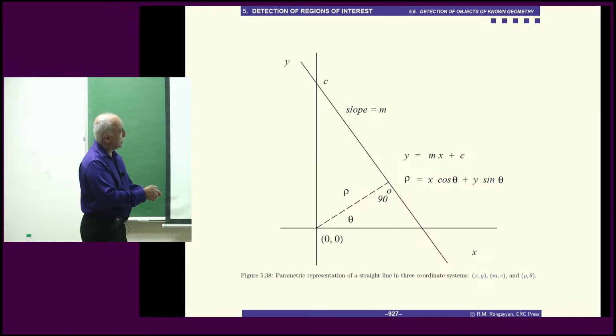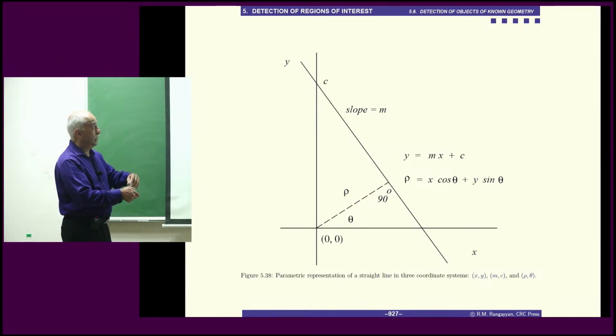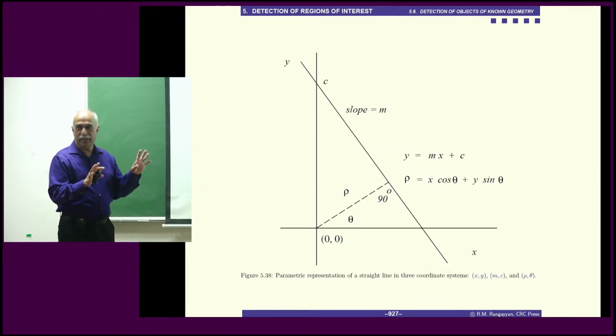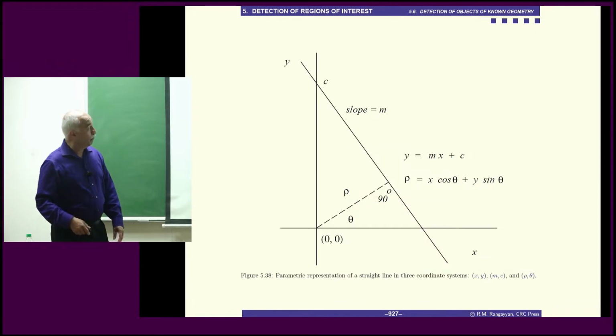Rho is the distance of the perpendicular to the line from the origin, and theta is its angle. Theta can go from 0 to 180, not 360; 180 is enough. And then the distance, it depends on how you define it. I'll show some definitions later. Rho is this distance. If it comes this side, you can say rho is negative, just mathematical notation. Otherwise, if you want rho to be only positive, then theta should go 0 to 360.